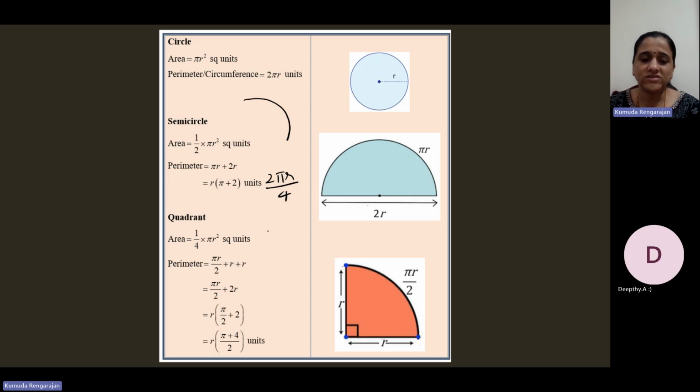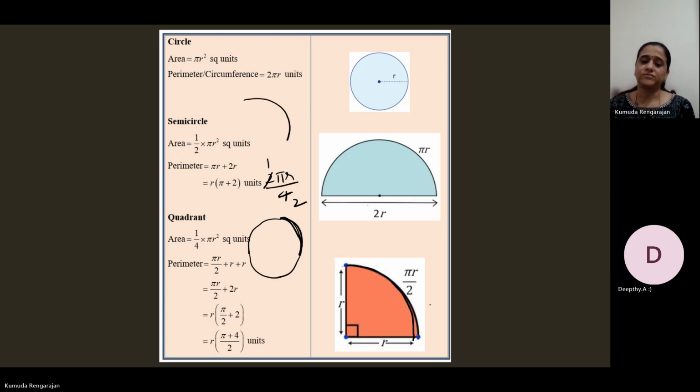See, because what is 2 pi r? The length of these 4 pieces is 2 pi r. So the length of one such piece is equal to 2 pi r by 4, right? So when you cancel, you get pi r by 2. So the length of this piece alone is pi r by 2.